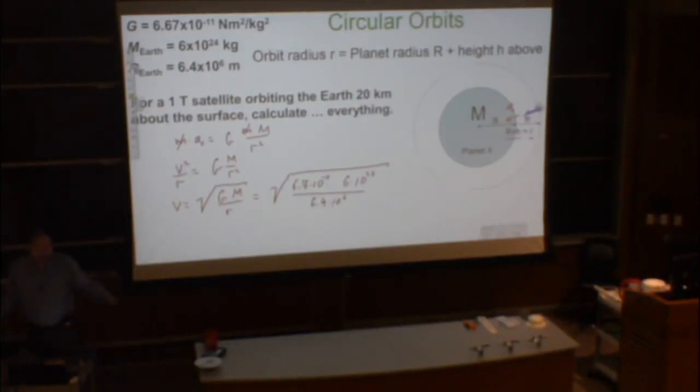A period, that's a circular motion. If we know the speed, the speed is equal to distance traveled, which is 2 pi r over the period. So the period equals 2 pi r over the speed. Or people write it like 2 pi r divided by the speed.